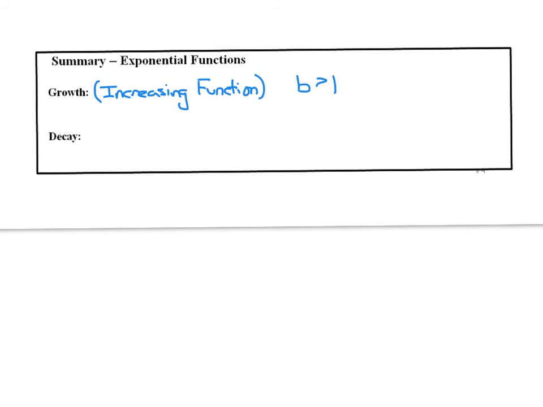The opposite of an increasing function, or in terms of exponential functions, the opposite of a growth graph, is called a decay graph. Some of you may have heard of these in chemistry, for example, with half-life problems. Decay is going to be a decreasing function.